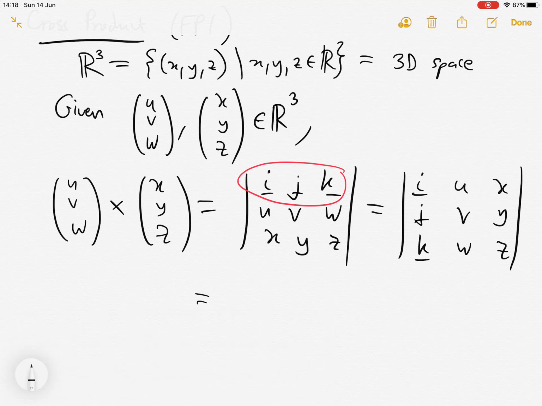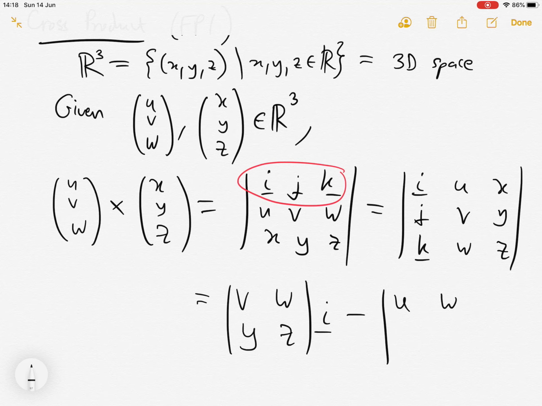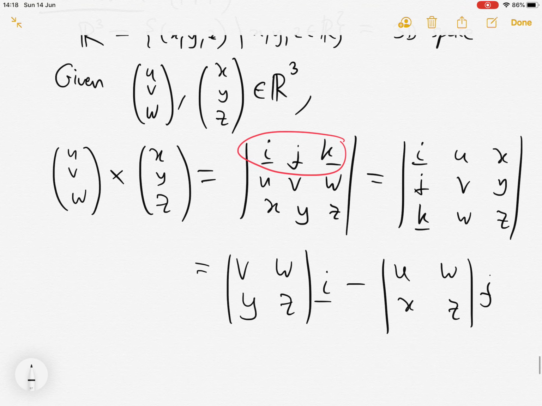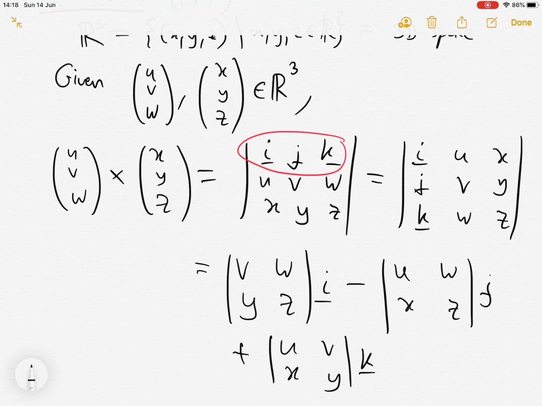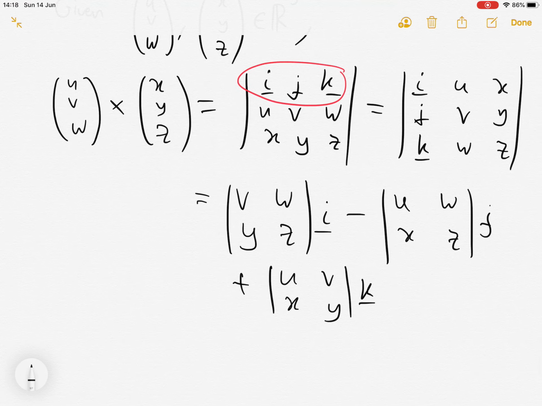So we're going to get i times the determinant of the submatrix v, w, y, z, minus the determinant of u, w, x, z times j, and then plus the determinant of u, v, x, y times k.